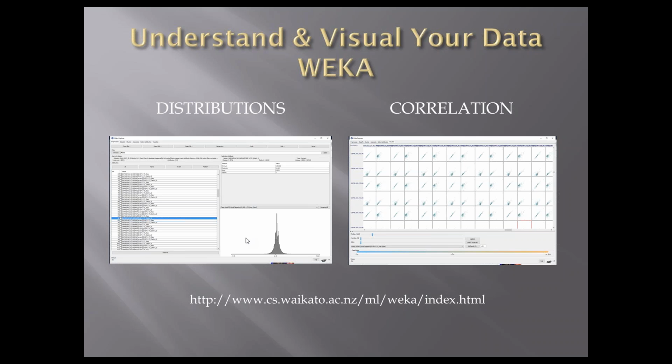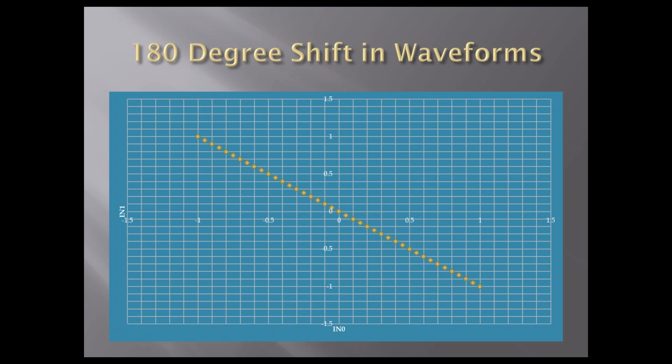You can see on the left here, you can check the distributions of the different features that you're feeding it. And on the right, it draws that X versus Y for each of the different feature sets. Because as you add additional features to your data set, all you're doing is the same problem that we had here, only with additional dimensions.